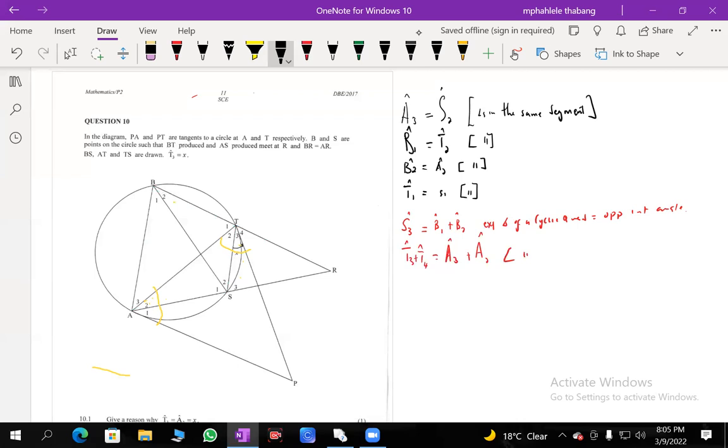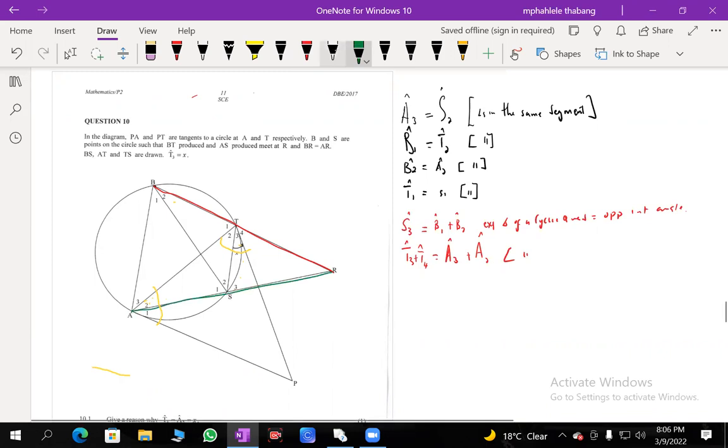Now, line BR is equal to line AR. Line BR, from B to R, is equal to line AR.